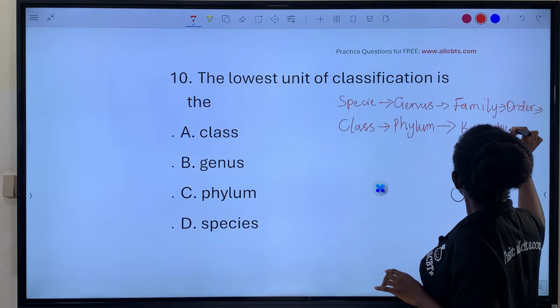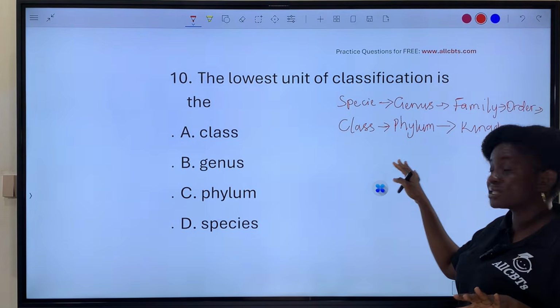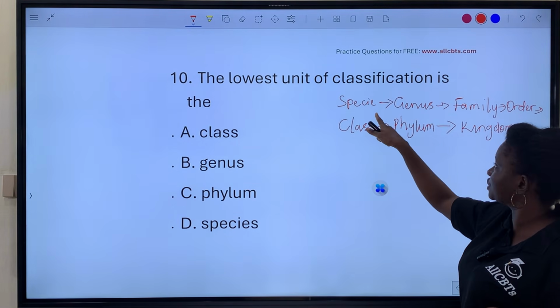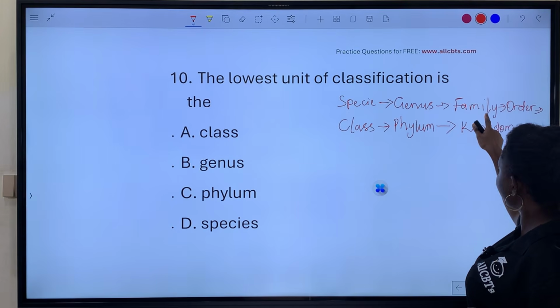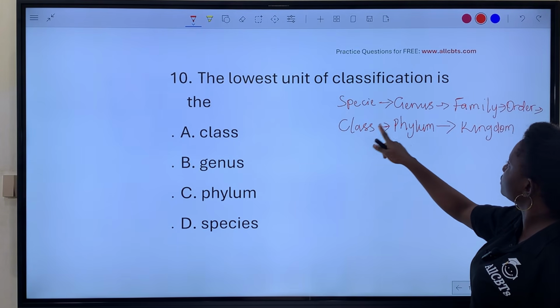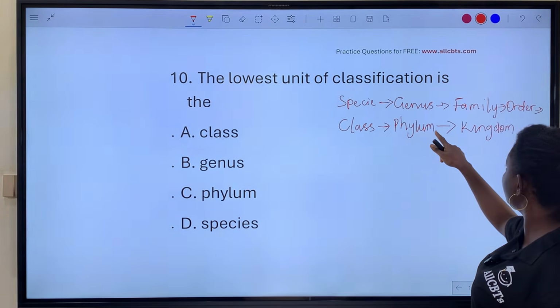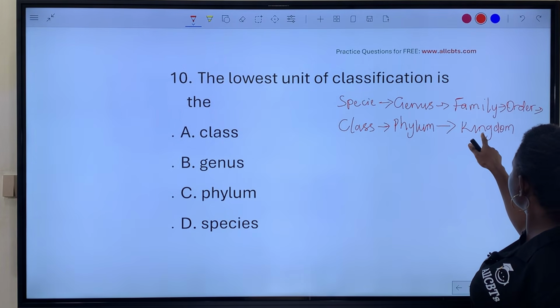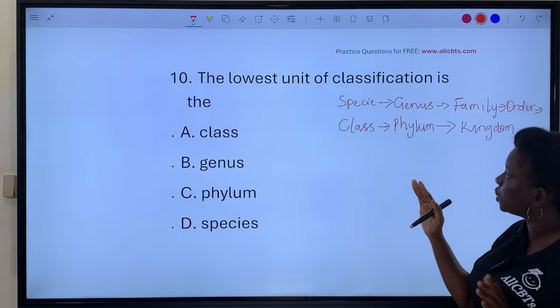The next question. Which of the following is an example of a microorganism in action as a disease vector?